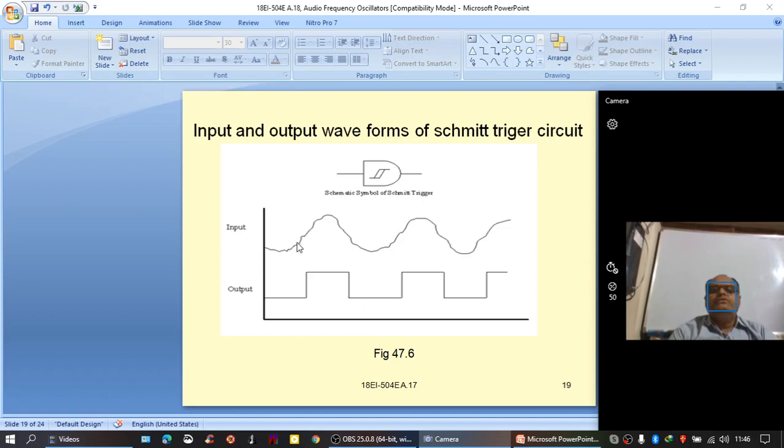Here the upper threshold potential will be slightly greater than the lower threshold potential. That is why here you can see the on time is slightly lesser than the off time.